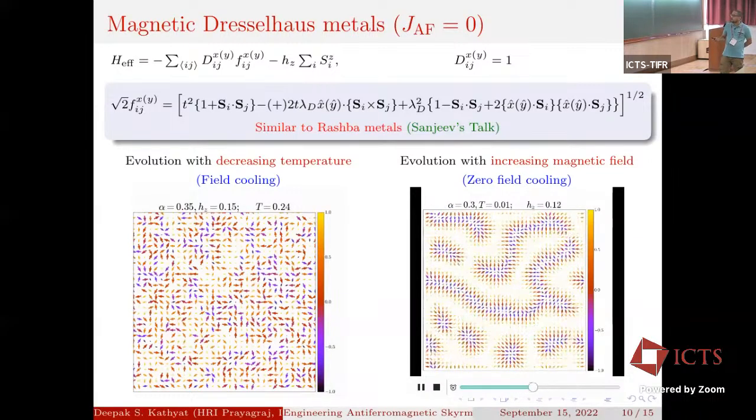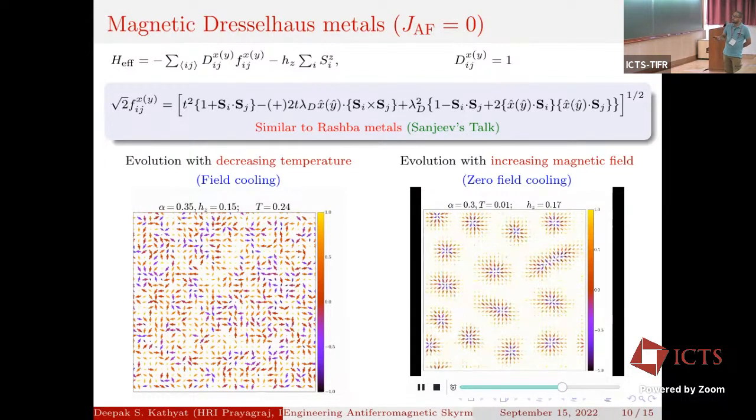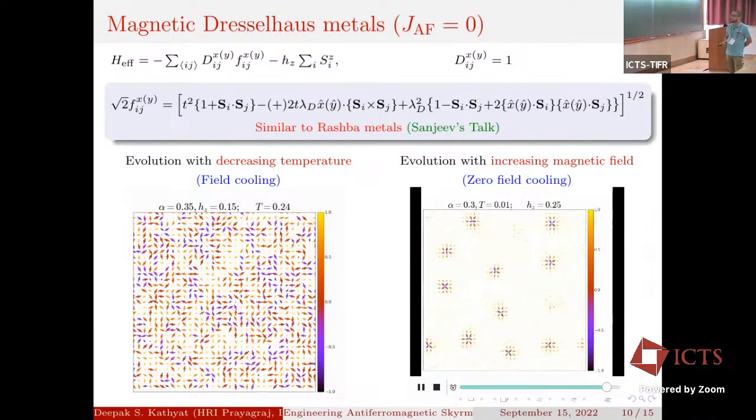As the Zeeman field increases, the skyrmion sizes decrease, and at very large Zeeman field the system goes to a saturated ferromagnetic state. So finally they disappear.